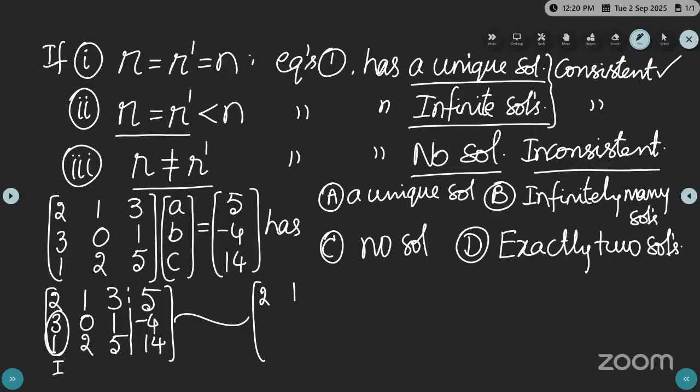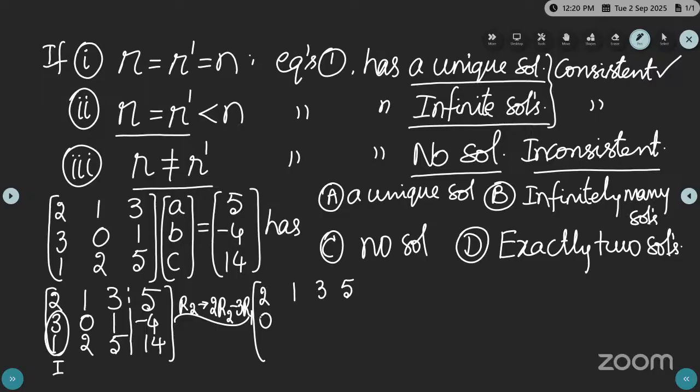R2 implies 2R2 minus 3R1. What is it? 3 into 2, 6 minus 3 into 2, 0.